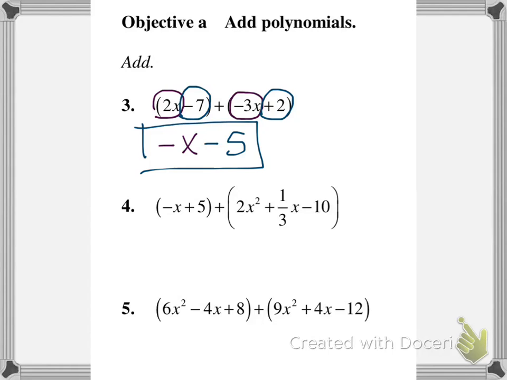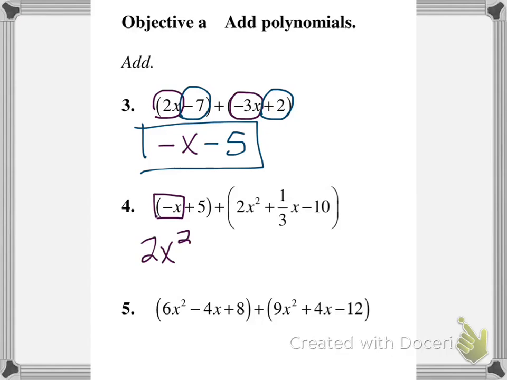Again, when you're adding, it's just combining like terms. So let's look at another problem. Number 4, we have a 2-term, so a binomial, plus a 3-term, a trinomial. Again, it's still combining like terms. You want to get in the habit of writing your answers in descending order, so always look for the largest exponent first. So I see that it's 2x squared. That's the only squared term, so that's just going to be part of my answer. Now, I do have multiple x terms.